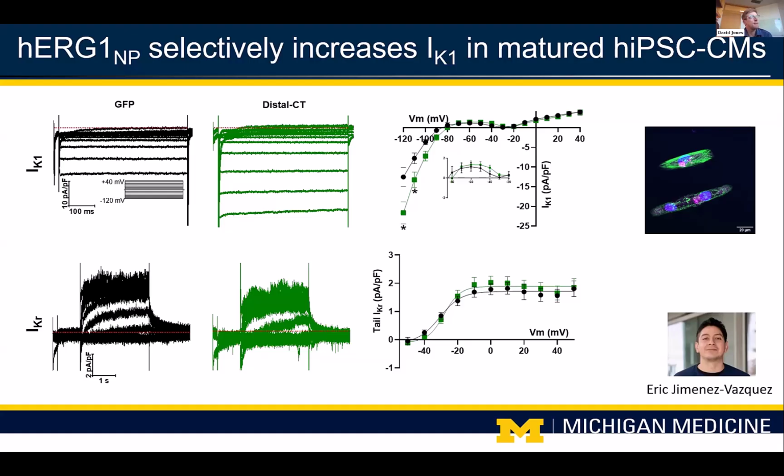And we've run into a couple of things, like we didn't expect that the distal CT wouldn't go inside the nucleus of the matured cardiomyocytes, for example. So we've started doing some workarounds there to more specifically target things in the native system, and we're getting the HEK cell lines that we need to go after those other currents.